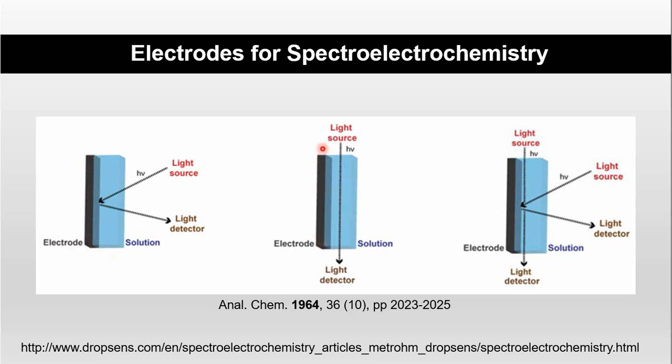Now again the electrode is present over here and the light source is here, and it is passing through the solution and then detected over here. Again the light source over here and the light source over here. So there are two detectors present, here and here. So you can see that these type of techniques have multiple ways of detection, and multiple ways of looking at the solutions in which the electrochemical reaction is taking place.